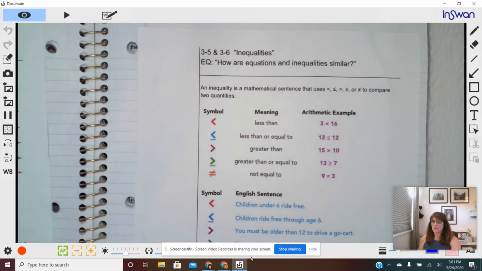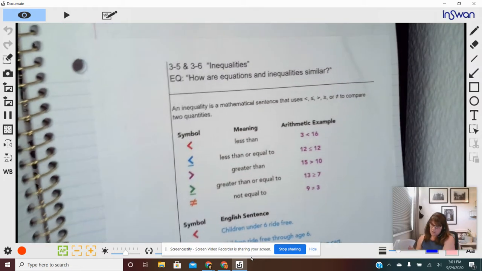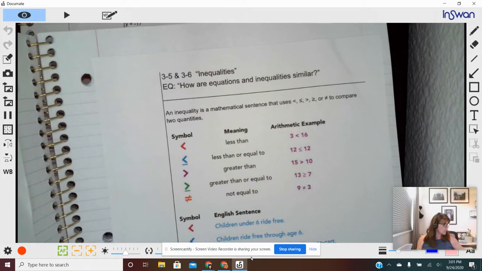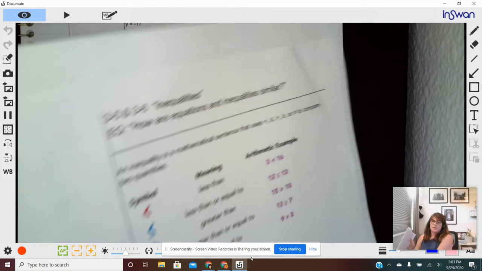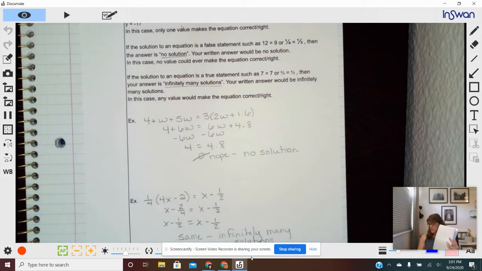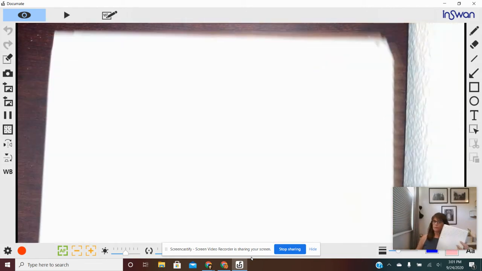Now, you will notice in your notes, and I'm going to show these for just a minute, okay? Looking at these on the screen, you have two handouts, and they go on the two sides of your notebook.